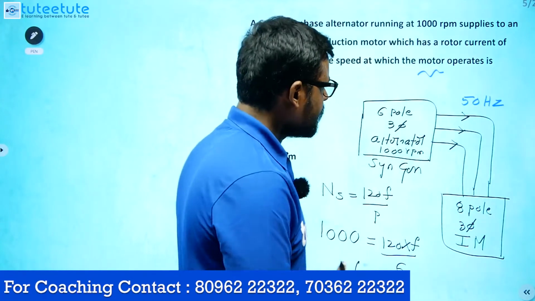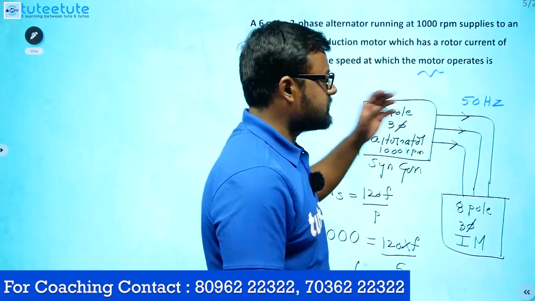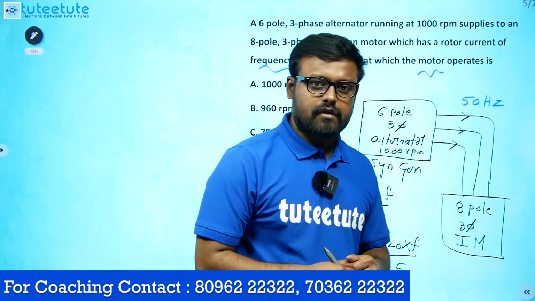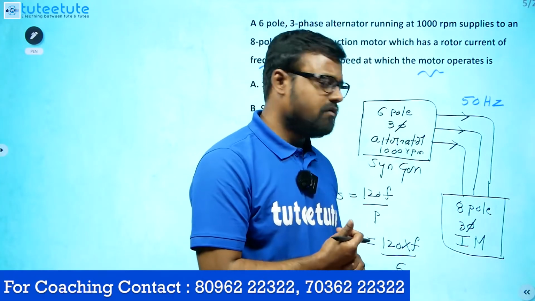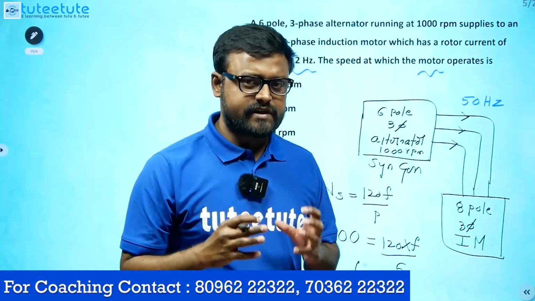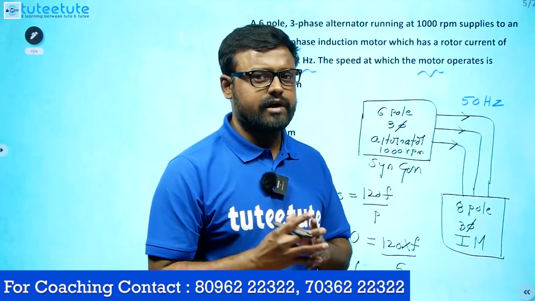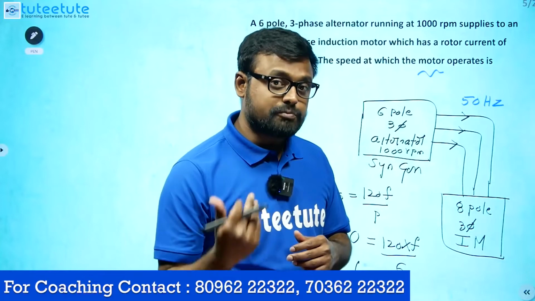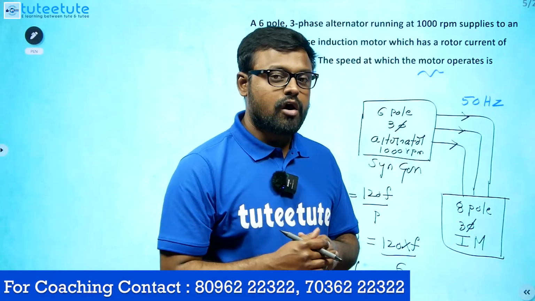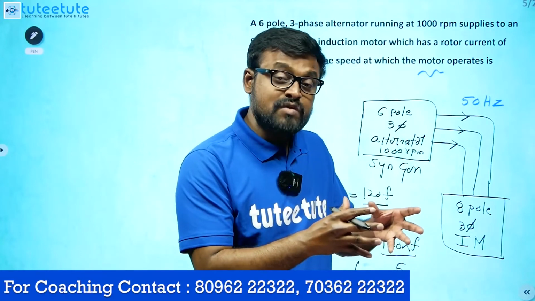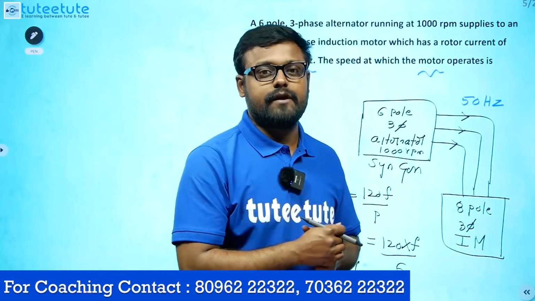Fine. Now 50 Hz, right? So what is an induction motor? It is a singly excited machine. We need to give supply only to the stator winding. Hence I have given supply to the stator winding. Now the rotor is rotating. The rotor rotates at a speed other than the synchronous speed, or we can say the rotor rotates at a speed very close to synchronous speed but less than the synchronous speed.